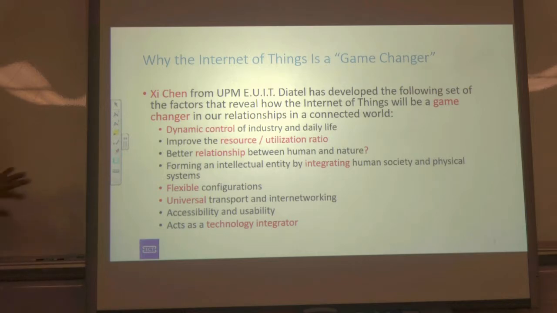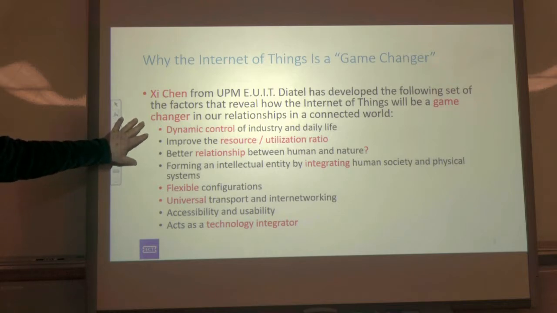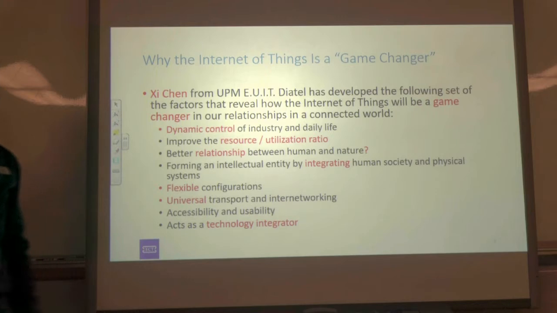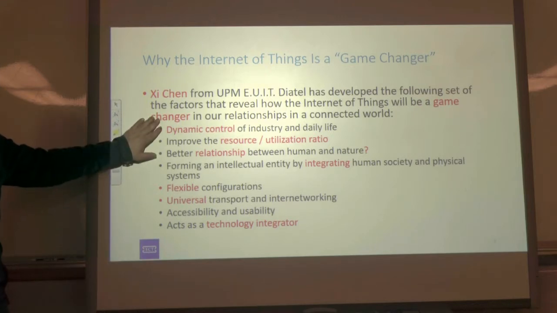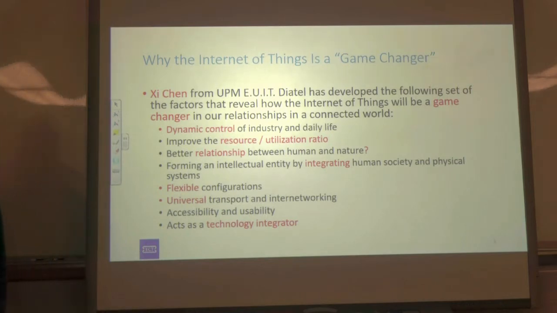We already mentioned last class that IoT is a game changer, for many reasons. First of all, it gives you dynamic control of industry and daily life, with dynamic control being the key word. It improves the resource utilization ratio.